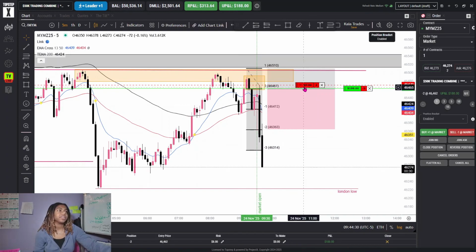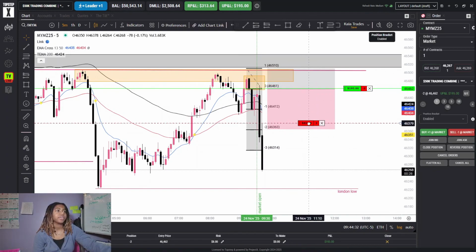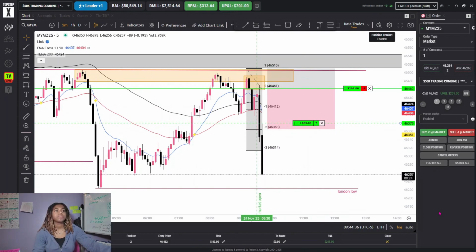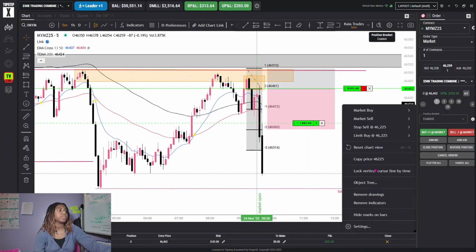Alrighty, I can actually secure some profits more. We'll go to this candle here. We're gonna lock in one more contract here.